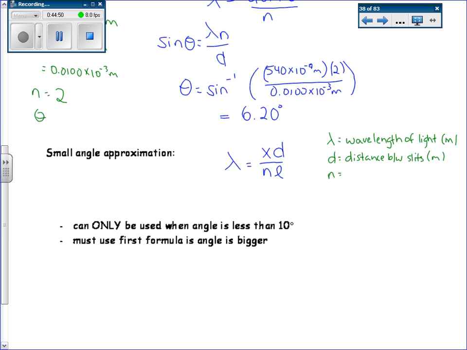N is still whatever fringe you're looking at, the order of the fringe, and that doesn't have a unit.